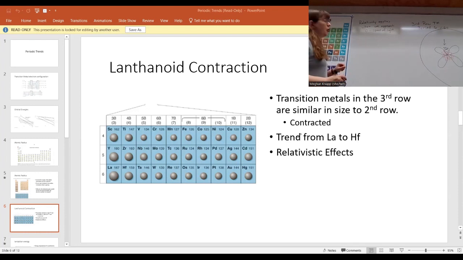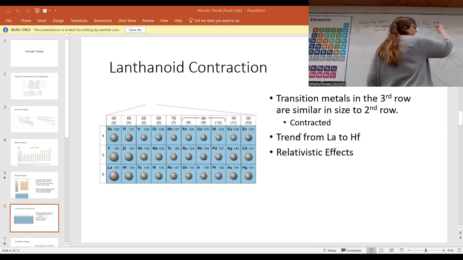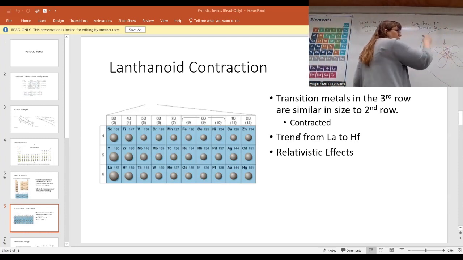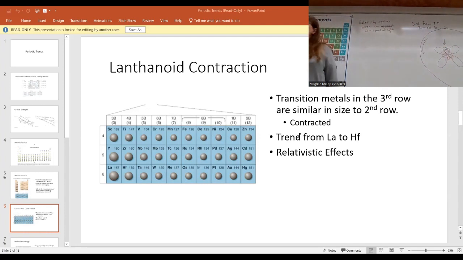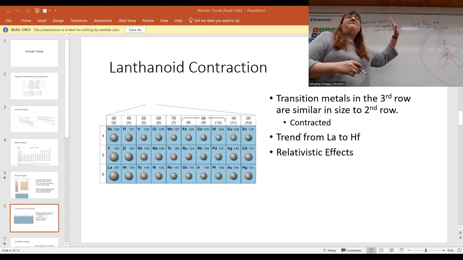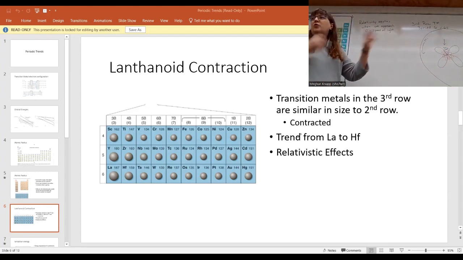Okay, so for the speed of light, and let me turn the light back on here. If we think of this electron, now it doesn't always go in an orbit, it's going all over the place, it's a wave function, but if we think of this electron as moving, if it's trying to get around this atom, the further out it is, the faster it has to go in order to keep moving around the atom, right?